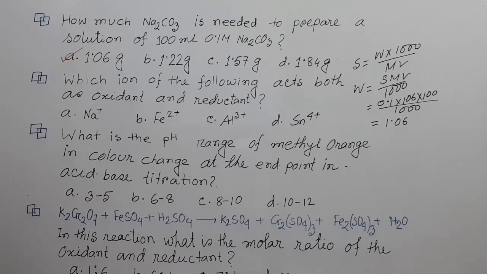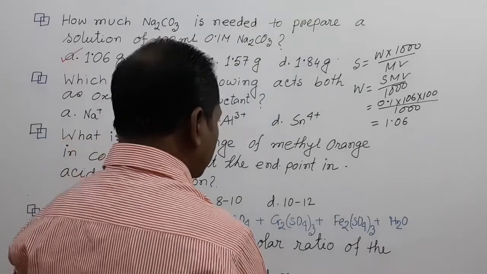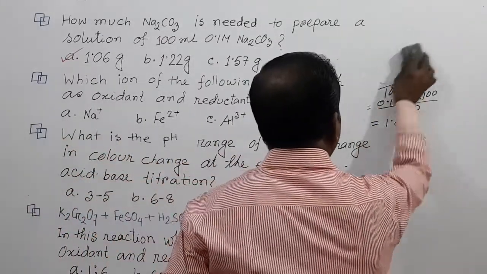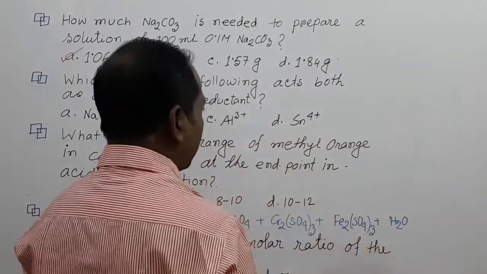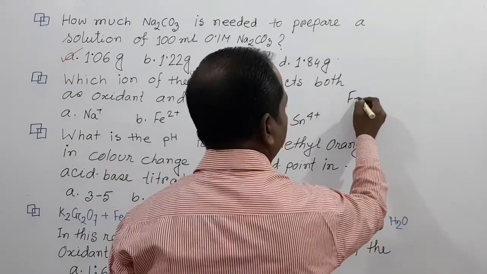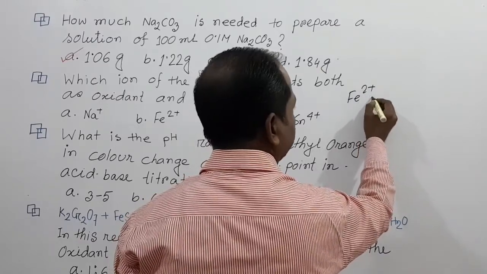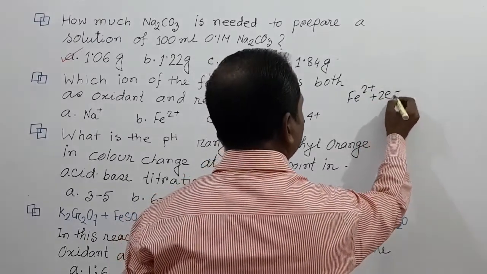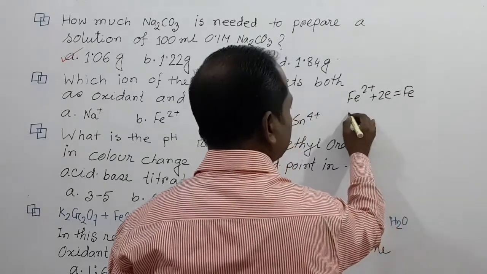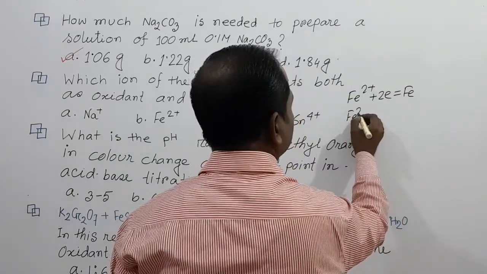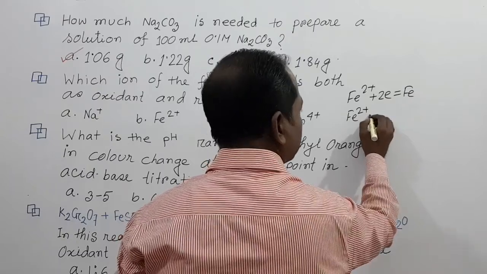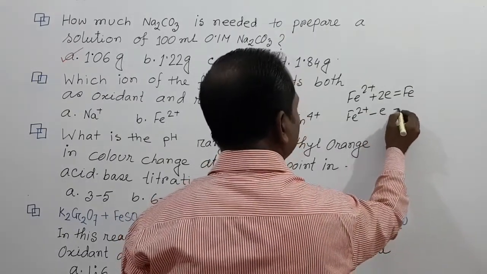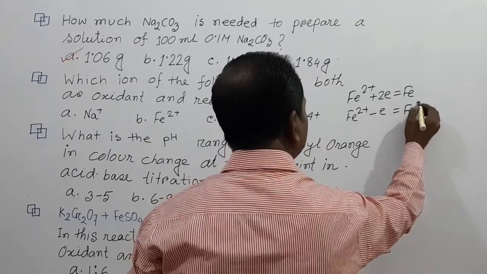Now, question number 2. Which ion of the following acts both as oxidant and reductant? My dear students, we know that Fe2+ can accept electrons and we get iron, and it also can donate an electron and we get Fe3+.